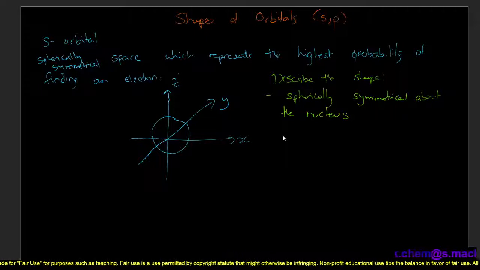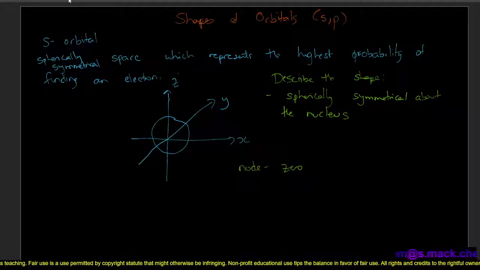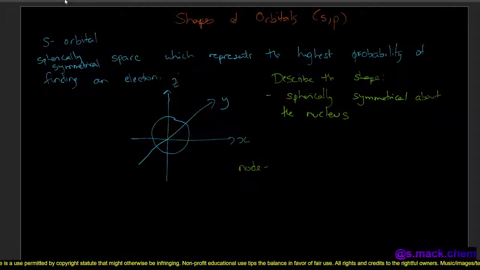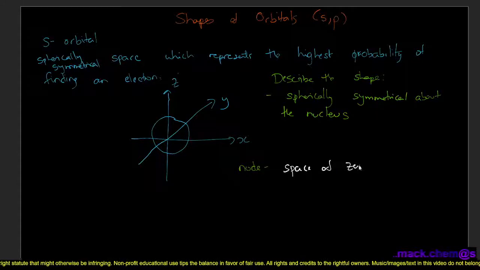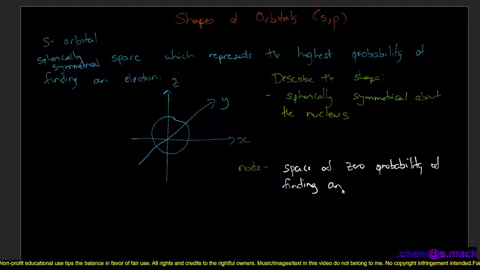I'm also going to include in here a term called a node, and I'm going to write what the node is. A node represents a space of 0 probability of finding an electron.